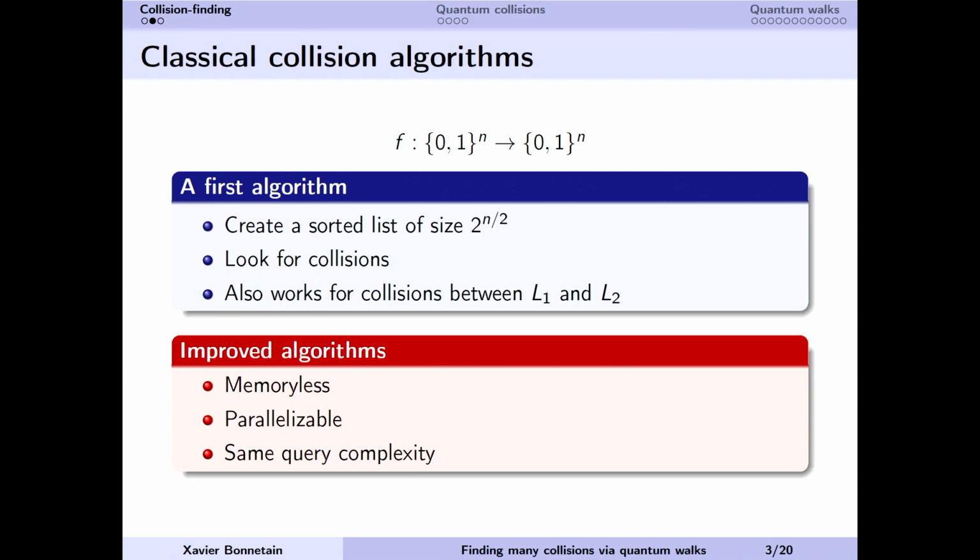Of course, in practice, these improved algorithms are the ones you want to use, but if you only care about query complexity or even just total number of operations, this simple algorithm does the same thing.